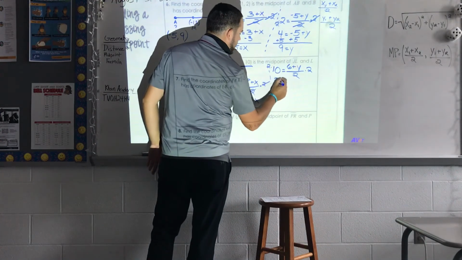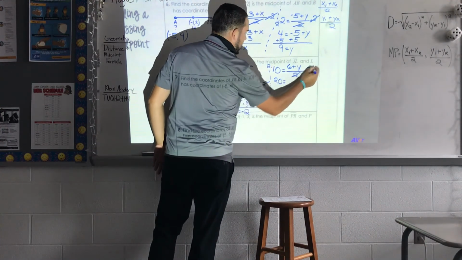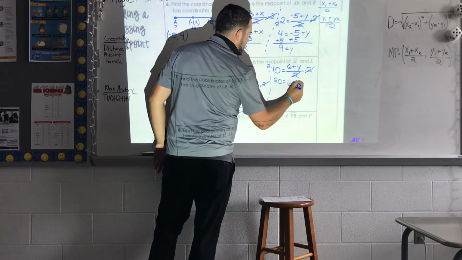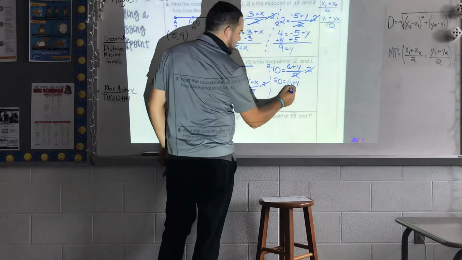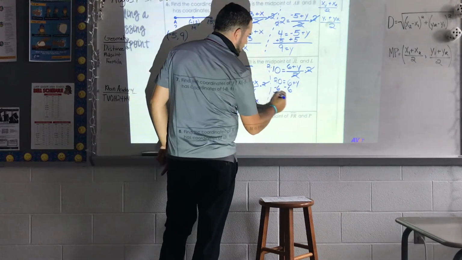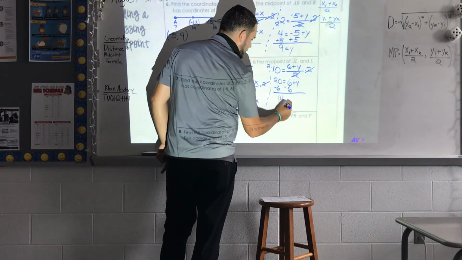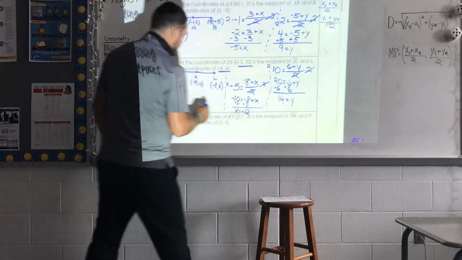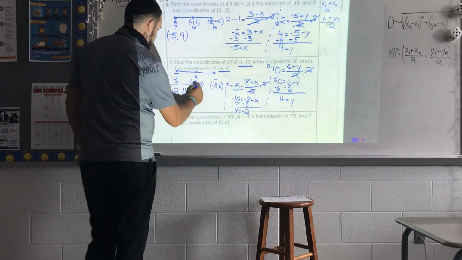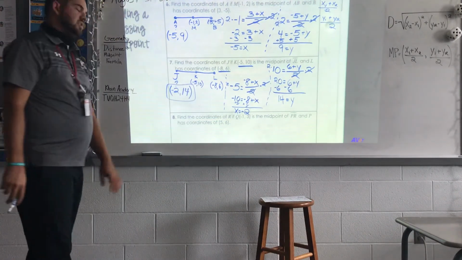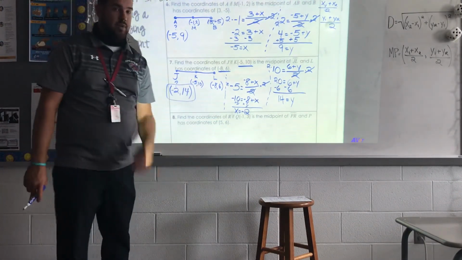We get 20 on this side equals, our denominator cancels out, 6 plus y. One-step math tells us that we take away 6. 14 equals y. So (-2, 14) is going to be your answer for that one.